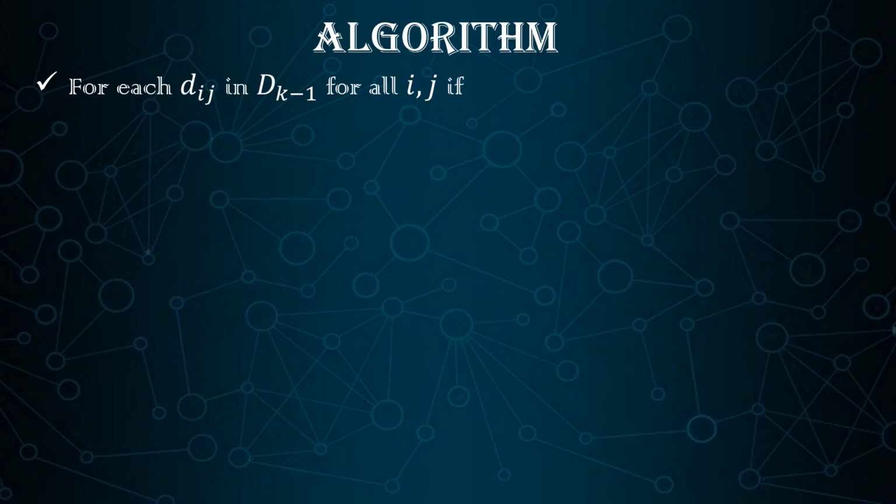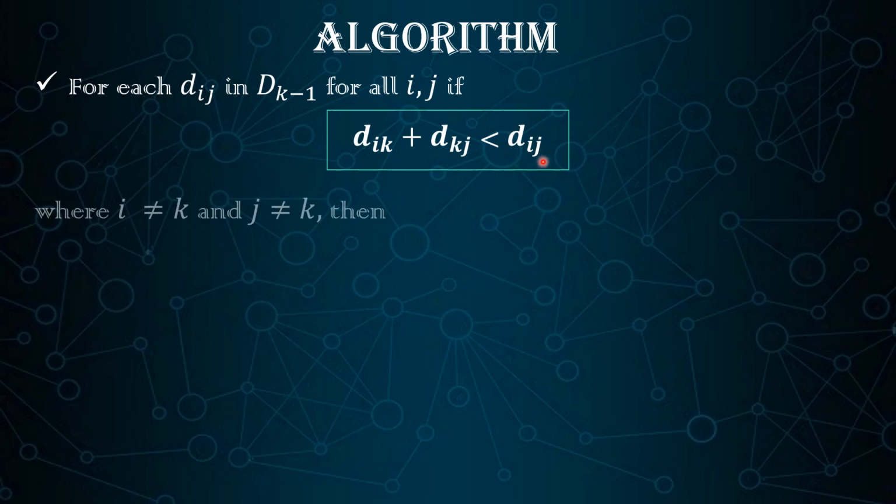That is, for each cell value dij in the distance matrix of Dk minus 1, for all i and j, check if dik plus dkj is less than dij or not. Note that this dij is obtained from the previously computed distance matrix.